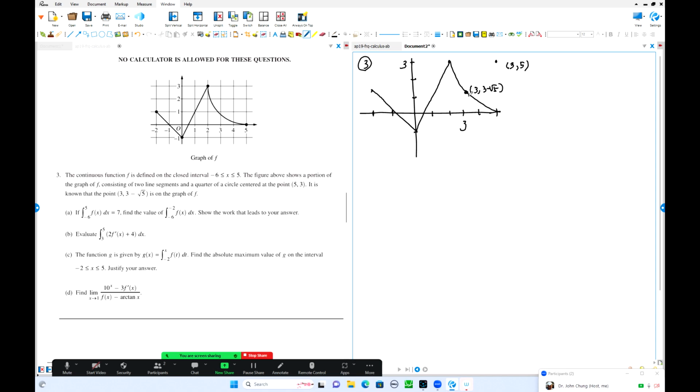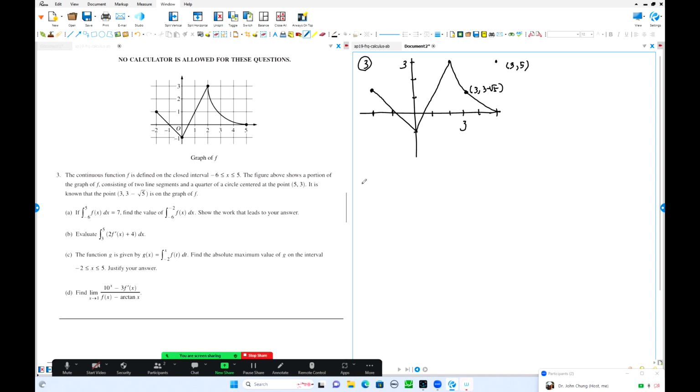First question A, integral from negative 6 to 5 of f of x dx equals 7. So what that means? From negative 6 up to 5, this is a part of the graph.